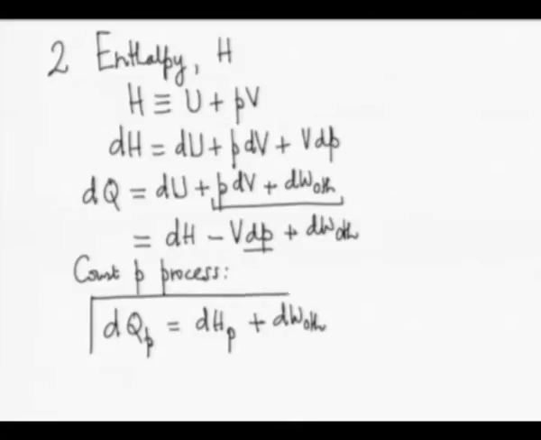So this tells us something which we have already realized, that the heat transfer during an isobaric, that is constant pressure process, will be the change in enthalpy of the system provided there is no other component of work. Simple enough.